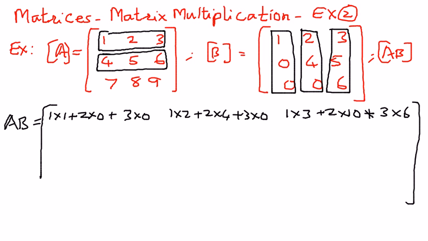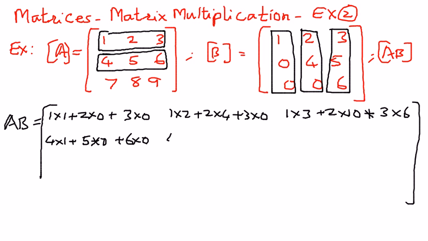So let us write down the product of the second row of the first matrix with the first column, then the second column, then the third column of the second matrix. Let's do that. It is going to be 4 times 1 plus 5 times 0 plus 6 times 0. That is the location second row first column.